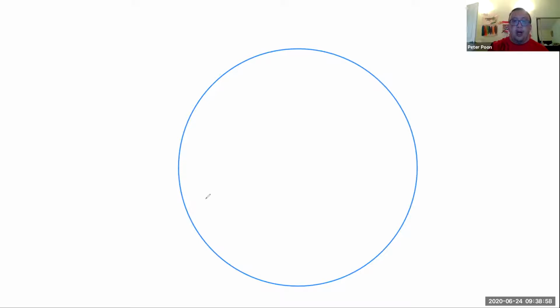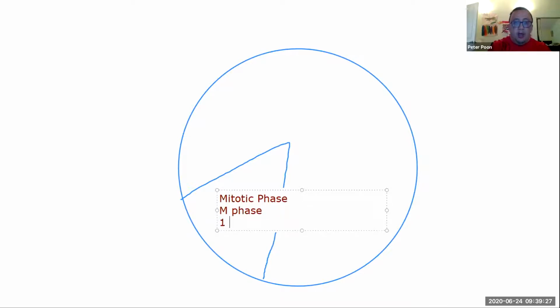The first thing when we discovered the microscope, we could look at cells, but what we didn't see was what was actually going on. In fact, there was only one time where we could see what was going on, and this was the mitotic phase, or M phase. This is where one cell divides into two cells.